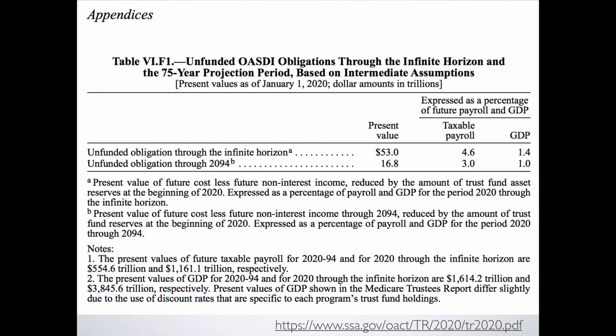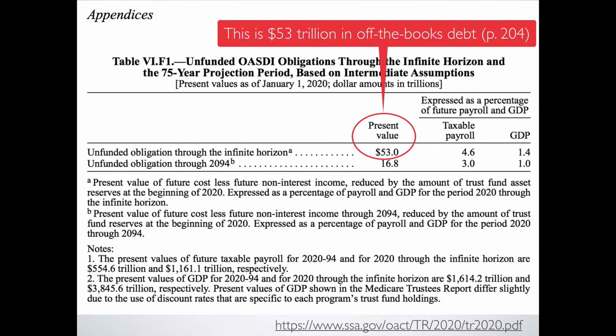For convenience, I'm circling this. Here's the present value. And this is like hiding debt off the books. This is the government's way of hiding debt and not really putting it on the books. It's 53. What is this number? 53.0. That's $53 trillion in off-the-books debt. And again, it's on page 204.